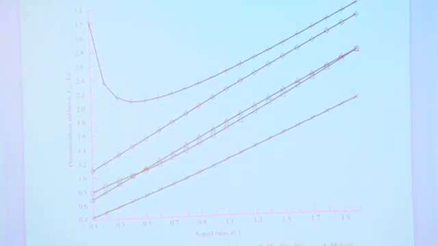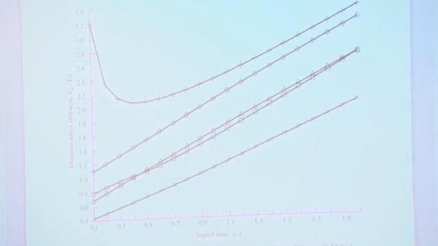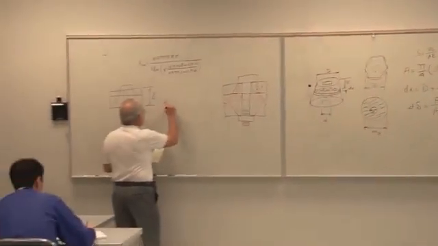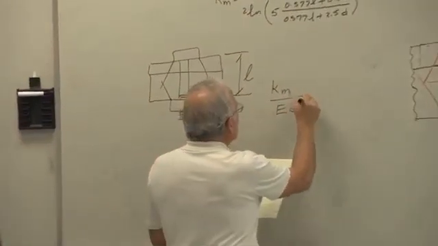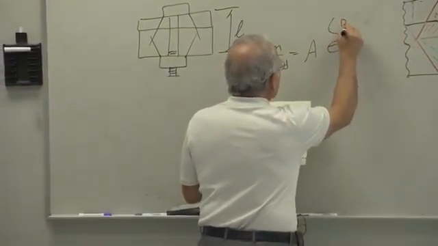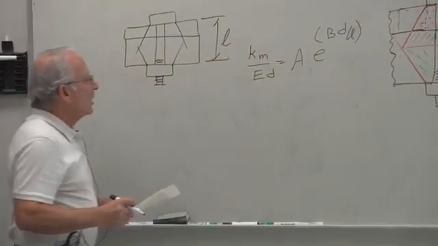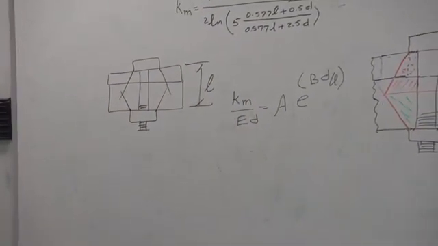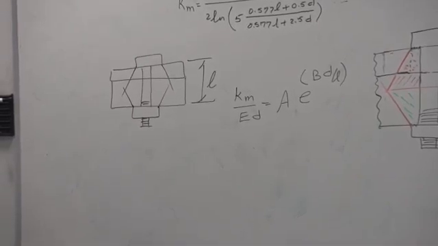And they have come up with the relationship between these two, and that relationship looks like this. Km over ED equals A e to the B D over L. A and B are constants, which are found experimentally, and they're given in a table in your book.